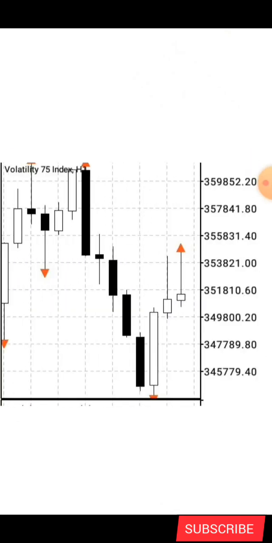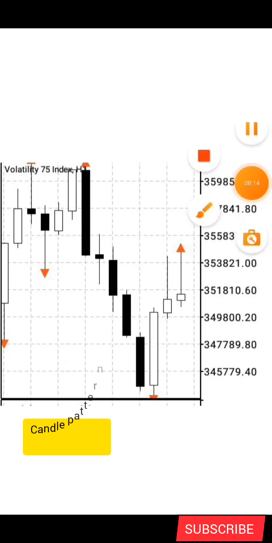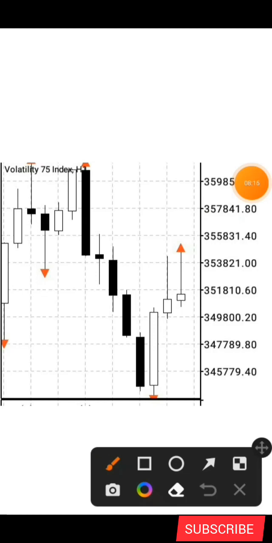So here is another one. I call this one the bullish engulfing. The bullish engulfing is when the next candlestick that forms is a bullish candle and is greater than the previous bearish candle.